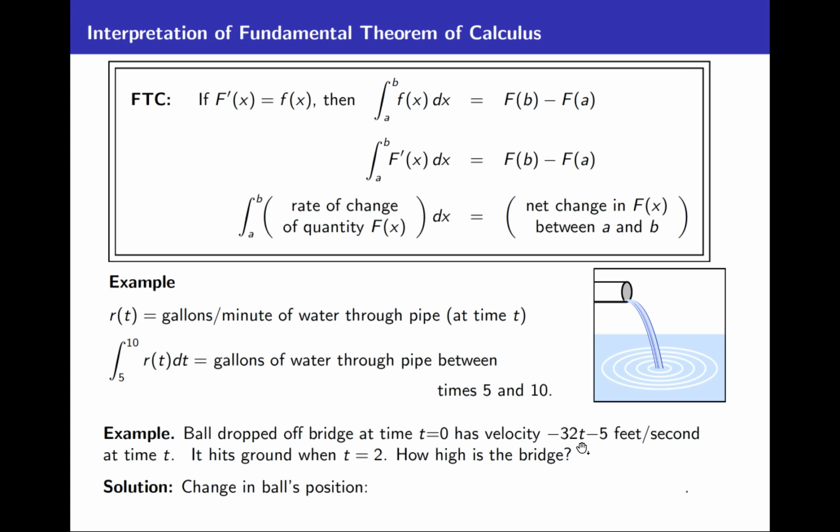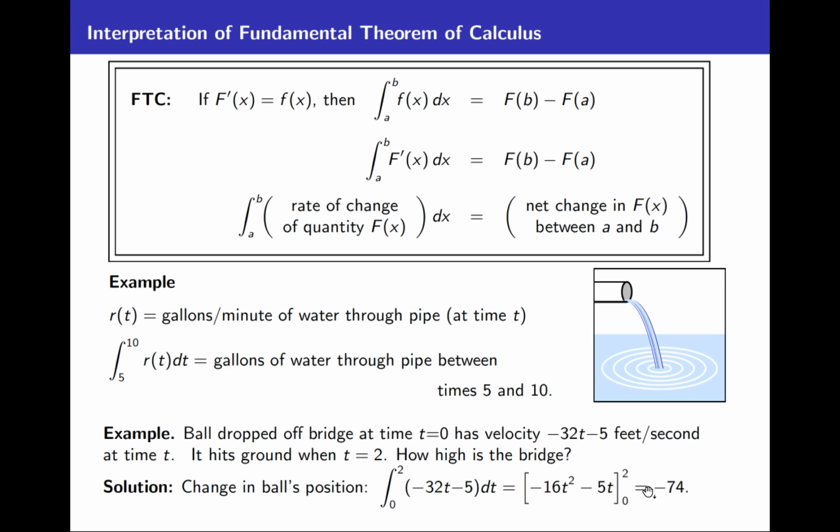The velocity function that's given here is the rate of change of the ball's position. So consequently, the net change in the ball's position would be the integral from 0 to 2 of the rate of change of that position, which is the integral from 0 to 2 of minus 32t minus 5 dt. And you can solve this integral using the fundamental theorem of calculus, and you'll get negative 74.